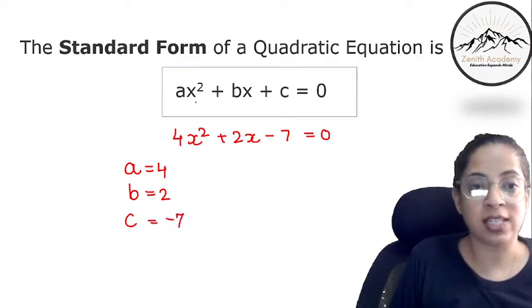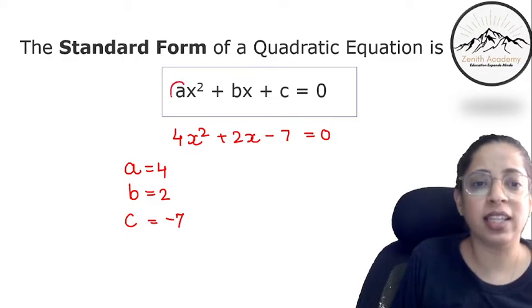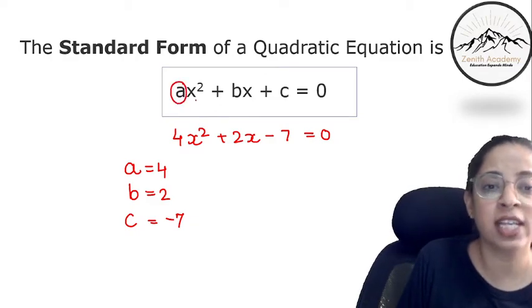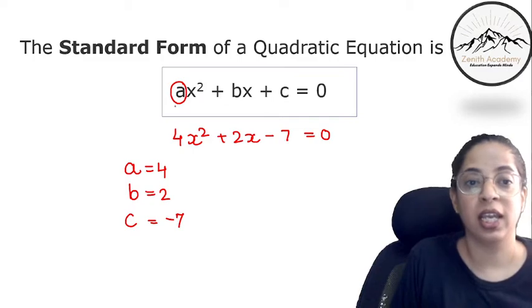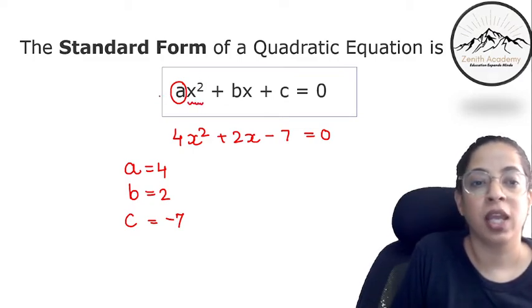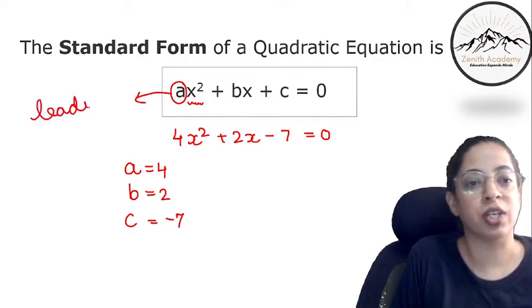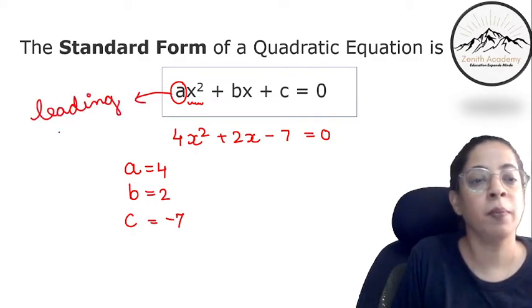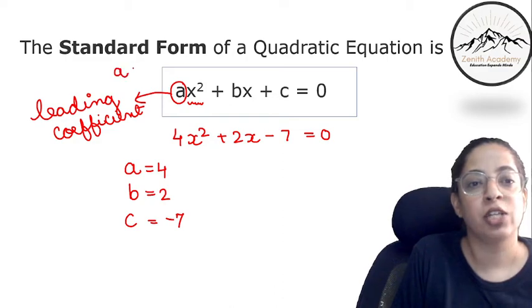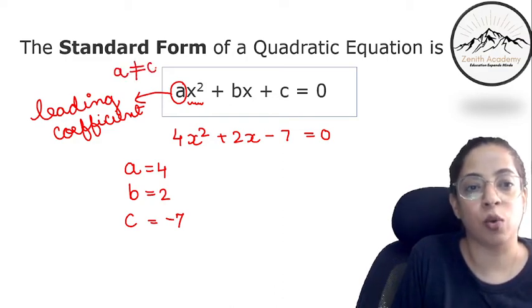Now you should understand that this coefficient of x square, this coefficient of the variable with the power 2, is known as the leading coefficient. Okay. And it is very, very important that this leading coefficient, that is a, should never be equal to 0.